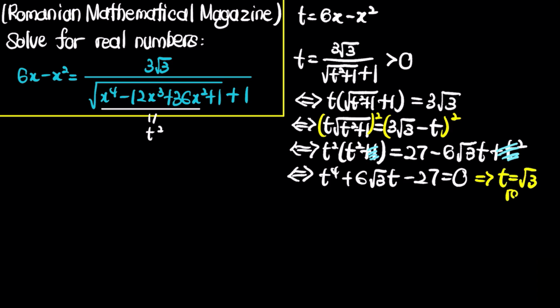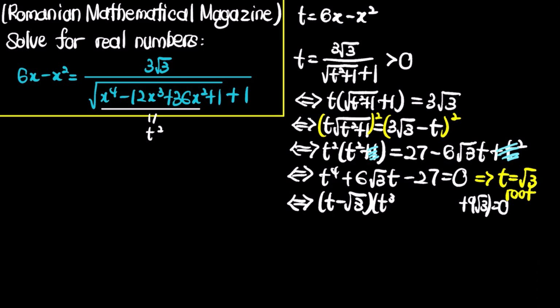So this means that we can factor this polynomial, where we have the factor t minus square root of 3. And then the remaining part has t cubed as the leading coefficient, and the constant part is 9 times square root of 3, and I'll write this equal to 0.